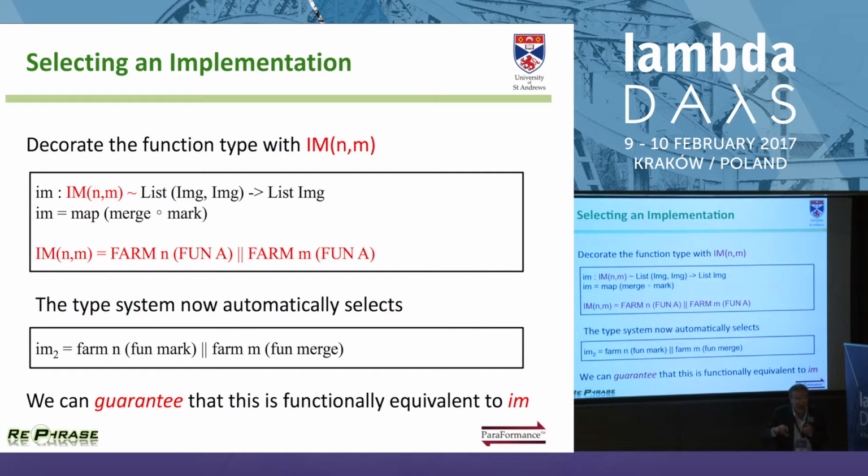And we can guarantee from the underlying laws of functional programming that what we've got is functionally equivalent to the original version. Okay? If you've done any parallel programming, you realize just how hard it is to know that the program you end up with is the same as the one you started with. Race conditions, deadlocks, all that stuff, but we know because we are functional and we have laws.